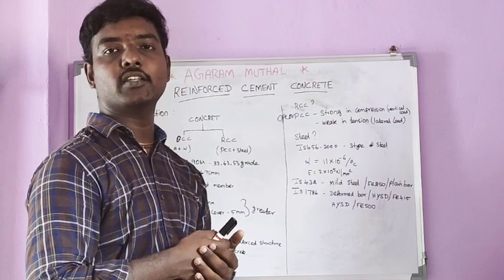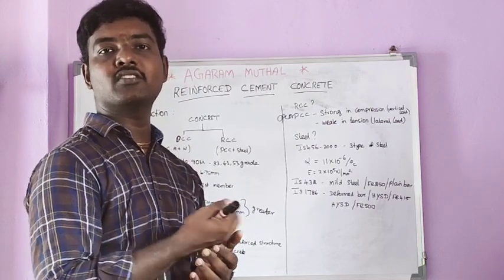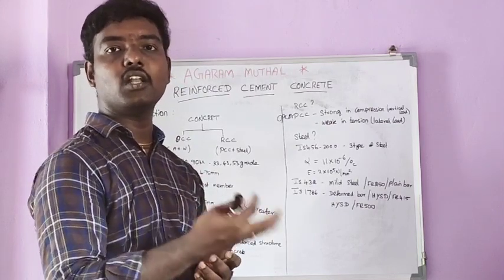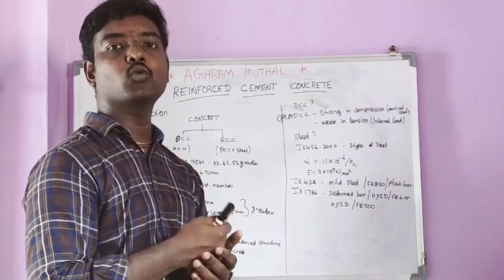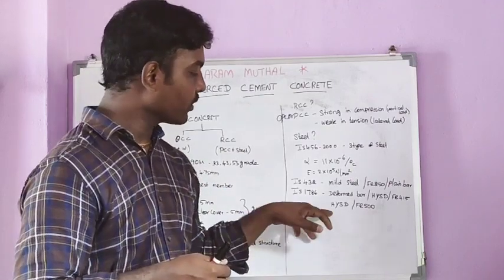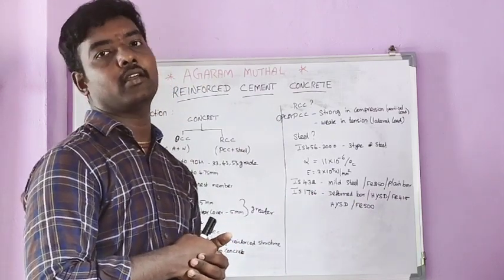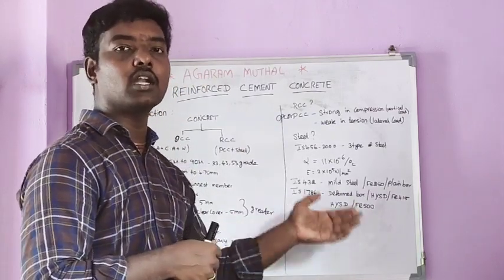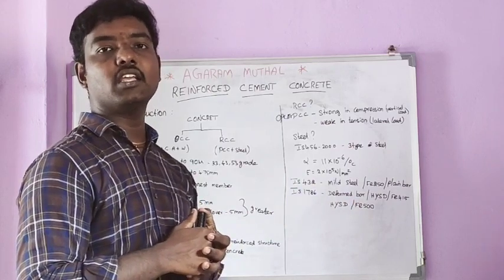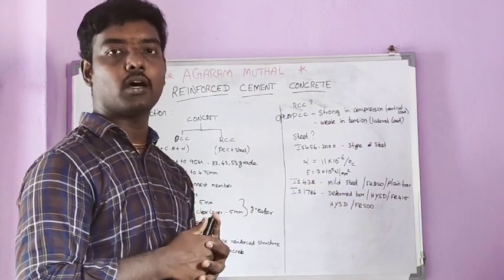HYSD is the abbreviation for high yield strength deformed bar. And the code also covers Fe500, which is also called HYSD bar, high yield strength deformed bar.